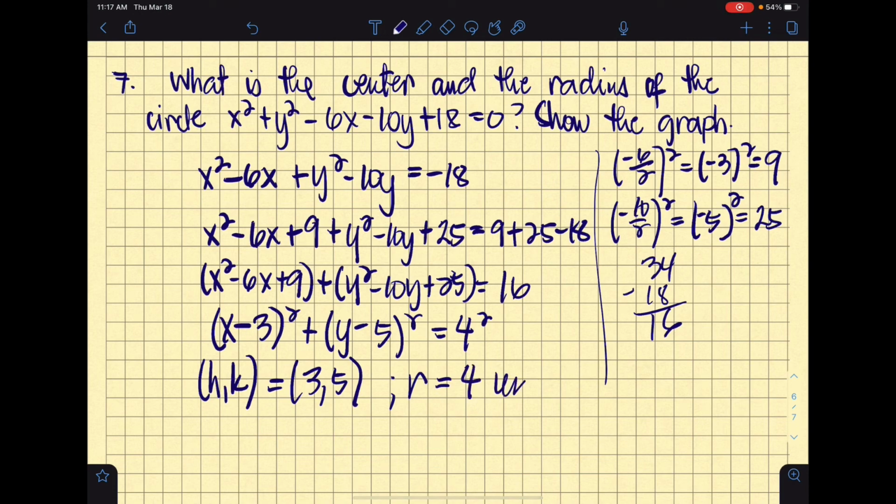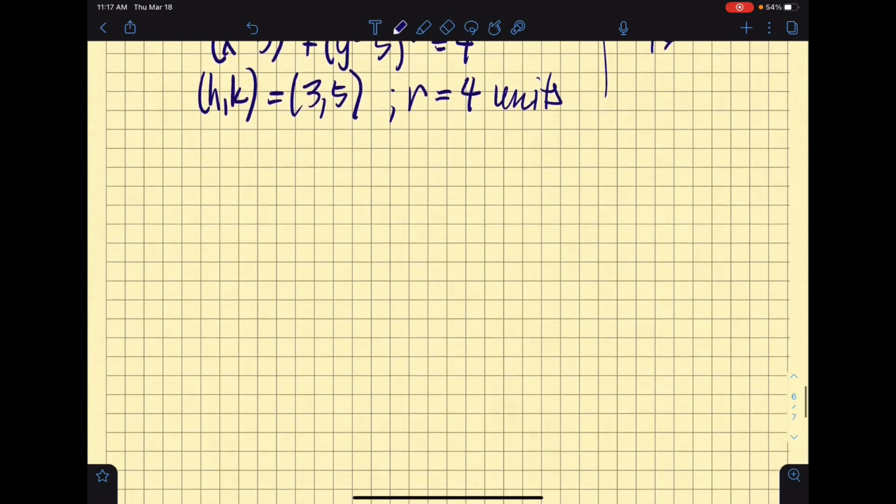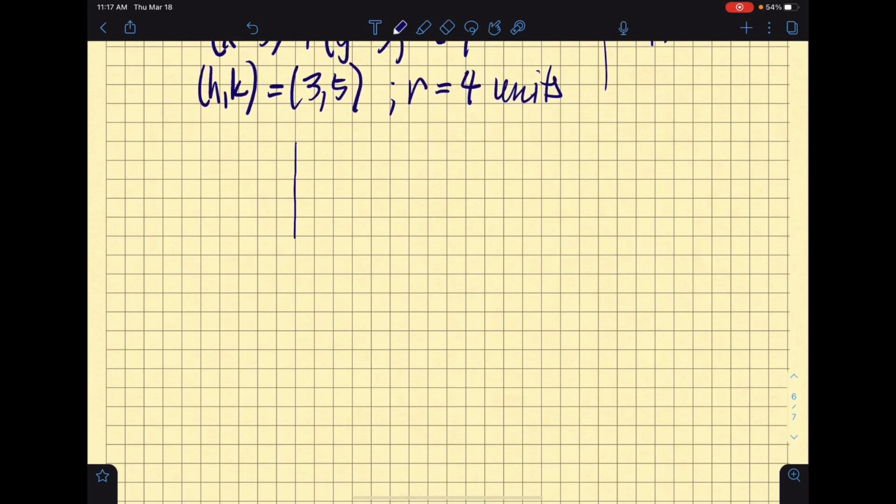It's 4 units. So now to graph this equation, okay, we are going to draw our x and y axis.